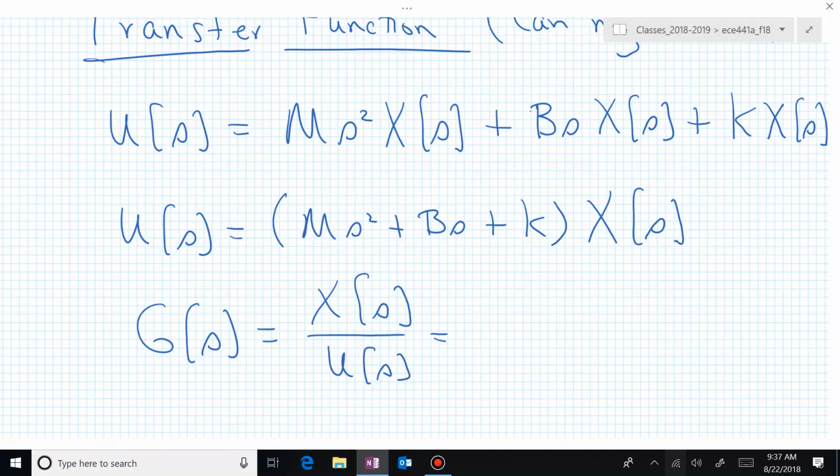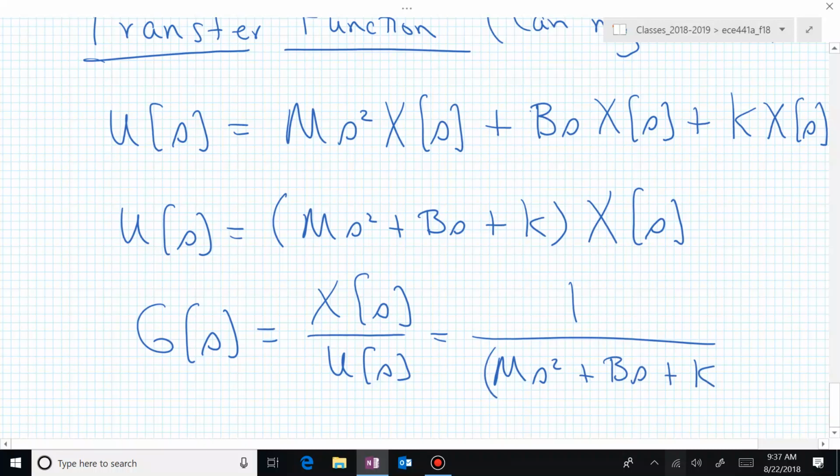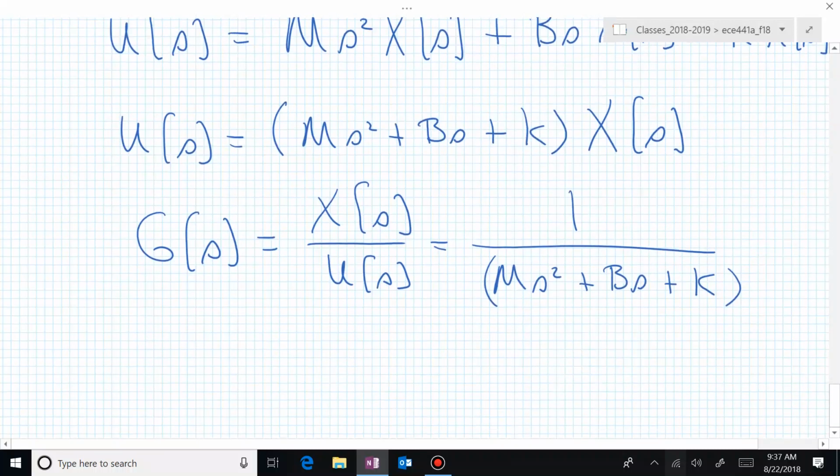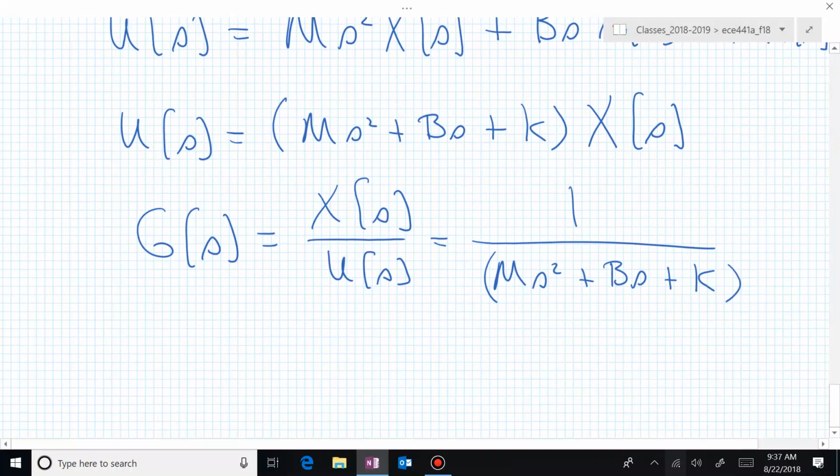And the transfer function of that mass spring damper system is now 1 over m s squared plus b s plus k. Second order transfer function, which we should have expected since we had an acceleration or a second order differential equation.